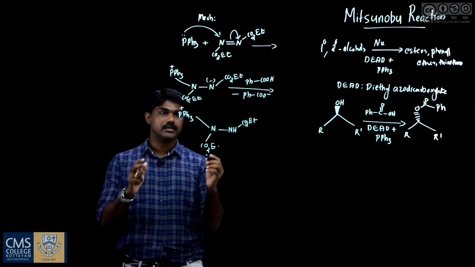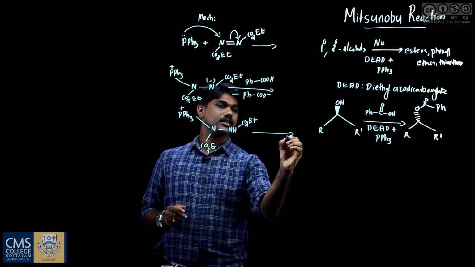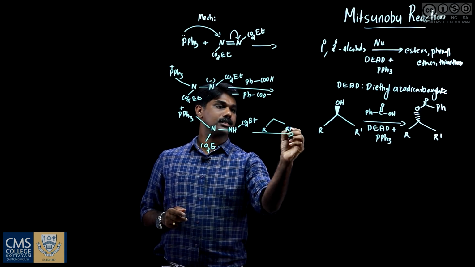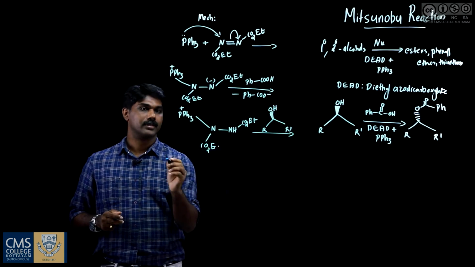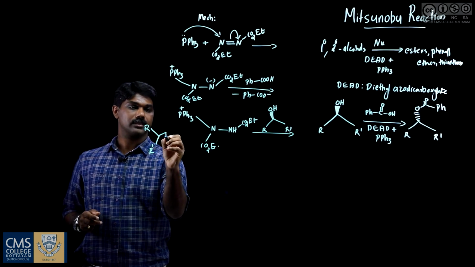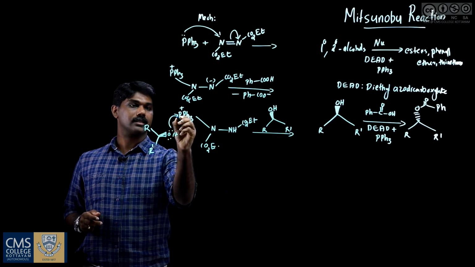And this ion then reacts with our alcohol, that is R dash. Let me write this alcohol here once again. So that is the alcohol, and this alcohol attacks here.